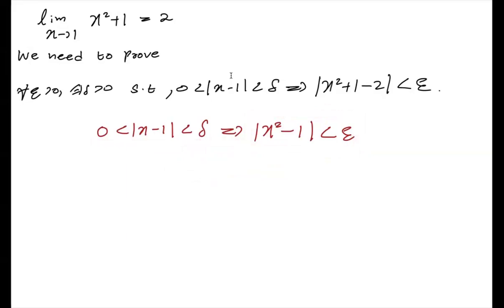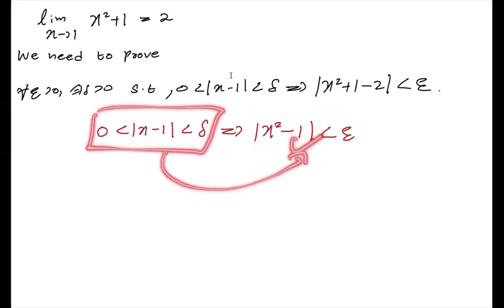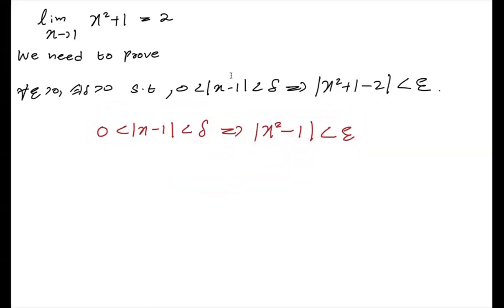In other words, if I put some delta value here, when the value x satisfies this inequality, it should satisfy this inequality too. We need to find such a delta. If we can find a delta for any given epsilon, then the limit is this. That is the meaning of this definition.